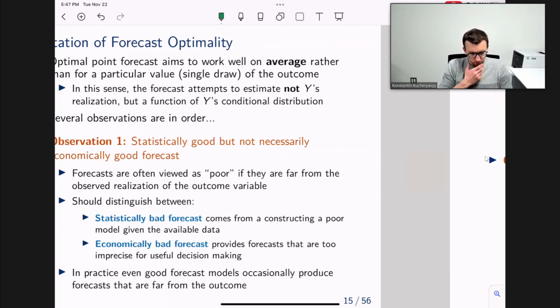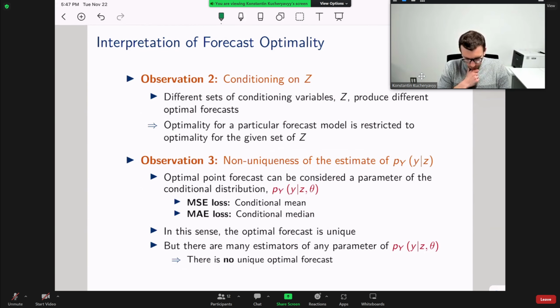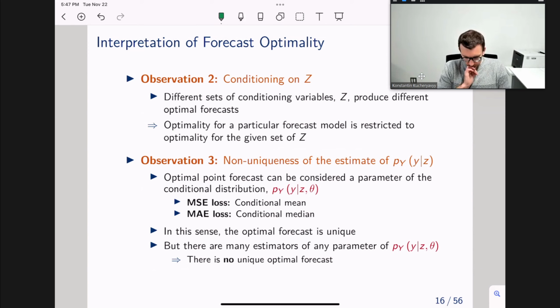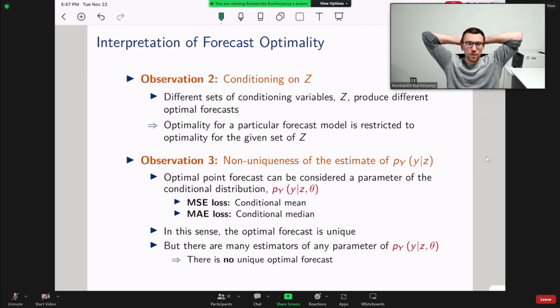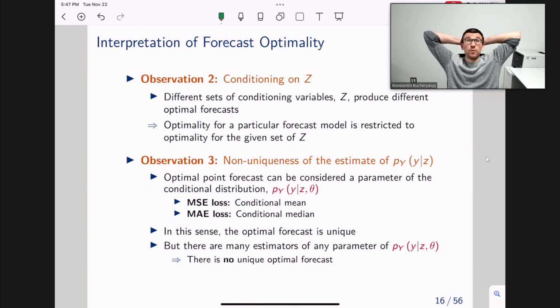So the next point is we could potentially choose different sets of variables z. If you think about, say, a problem of forecasting income based on experience, education, age, and so on, you can have so many different variables in Z, like your neighborhood, the city where you live, the number of children, income of your spouse, and so on.